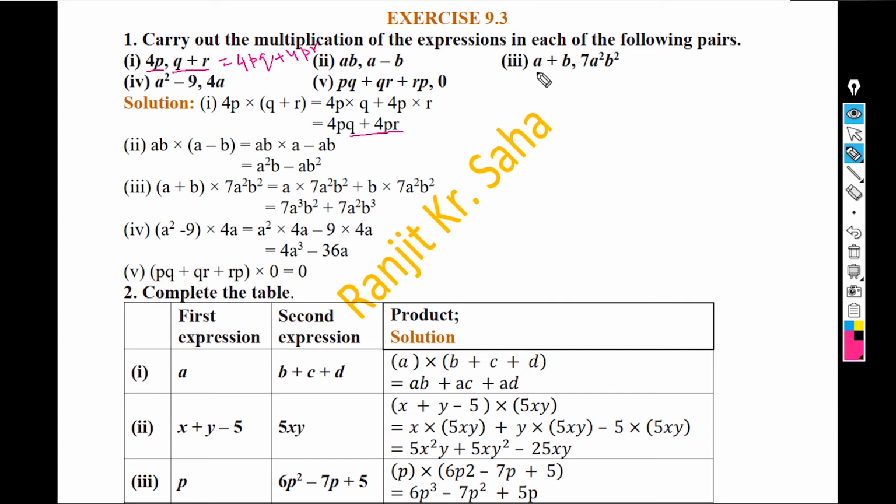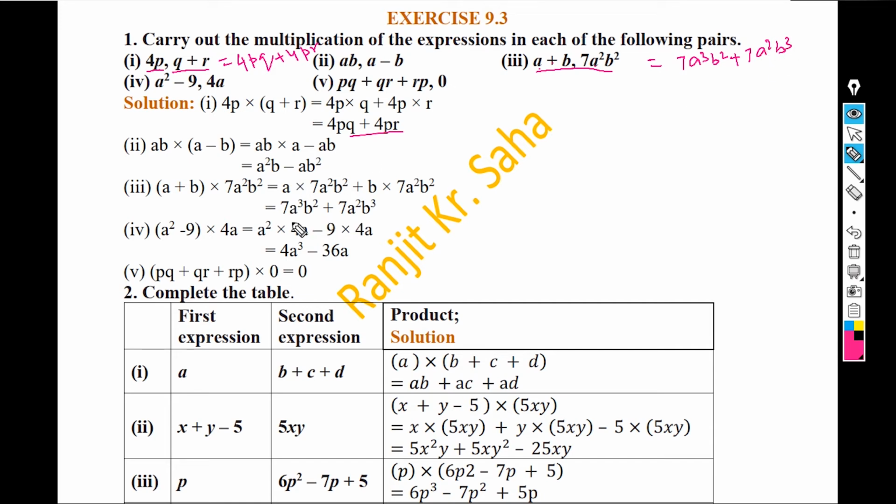Similarly, when you are multiplying these two, you can write 7a into a square is a cube and b square, plus sign is in between. Then multiply b with 7a square b square. It becomes 7a square b cube.